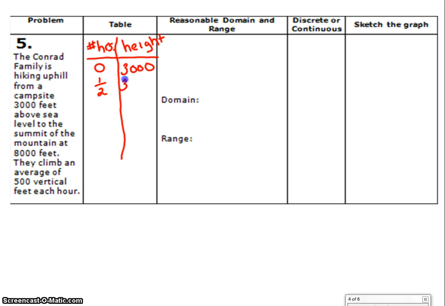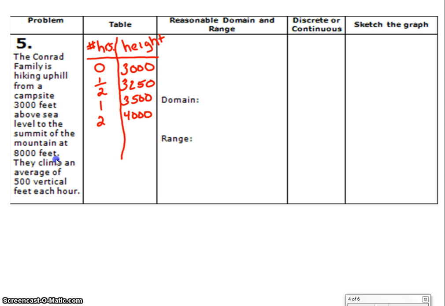So this would be 3,250 feet. Okay, if they were at an hour, they would be at 3,500 feet. Okay, so I'm going to continue on. If they were at, let's say, 2 hours, I know that for every hour that goes by, they go 500 feet, so they would be at 4,000 feet.